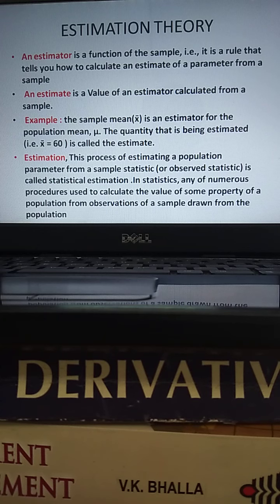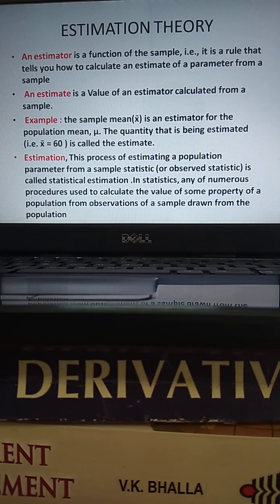Yesterday we came to know about estimation theory: what do you mean by estimation, what do you mean by an estimator and an estimate. An estimator is nothing but the formula, like the arithmetic mean formula, geometric mean formula, median formula, mode formula.